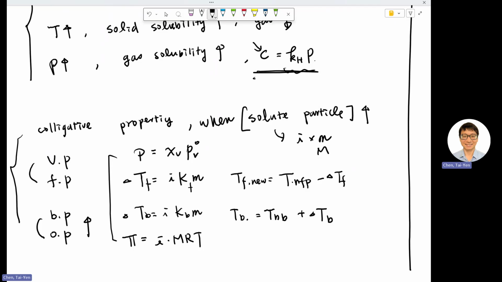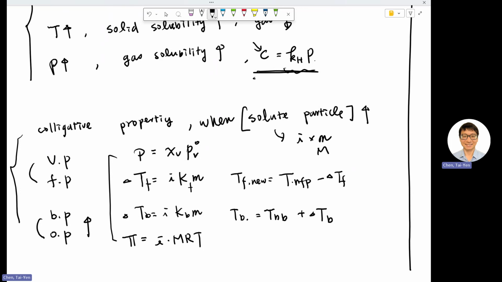That's how you should calculate the effective concentration. Conceptually, you should know that if you have a higher effective concentration, you are going to have a lower freezing point, lower vapor pressure, higher boiling point, and higher osmotic pressure.